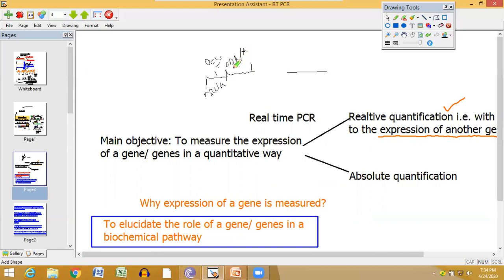And in the second step, using this cDNA, we get the particular DNA or particular gene out, in a quantitative fashion. So it measures the amount of the gene in a cell in a quantitative fashion. That's why I have written: to measure the expression of a gene in a quantitative way.